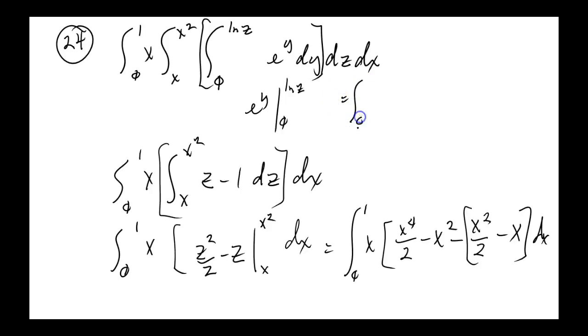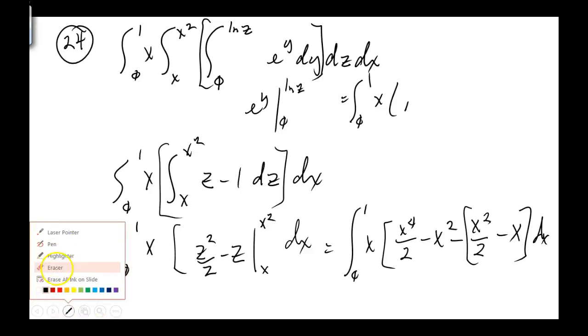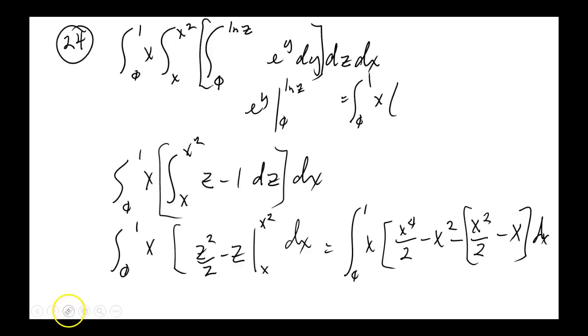Integral from 0 to 1 of x times x fourth over 2. Now, you have a minus x squared over x squared and another minus x squared over 2. So that first x squared is a minus 2x squared over 2.